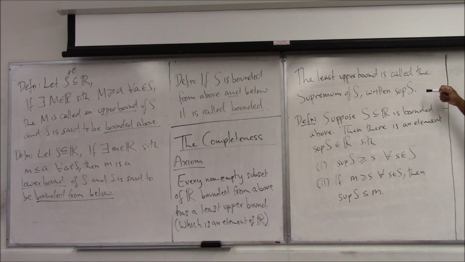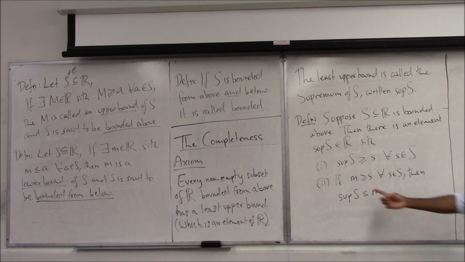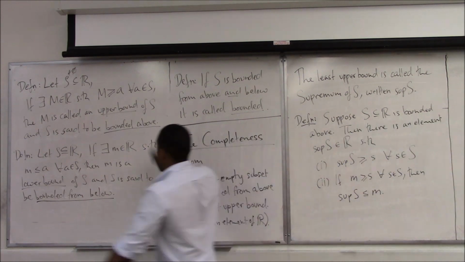So it is an upper bound for the set, but it's the smallest one. If you tell me some other upper bound, this guy's always less than or equal to that upper bound. And such an element is called a supremum.